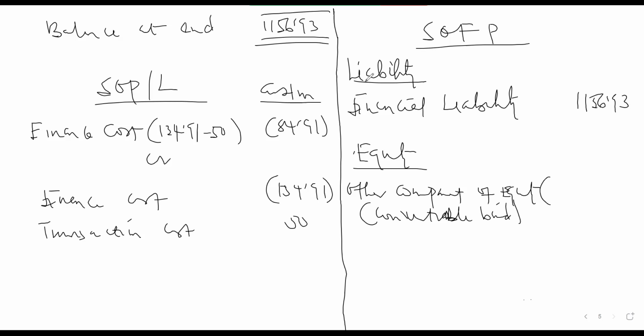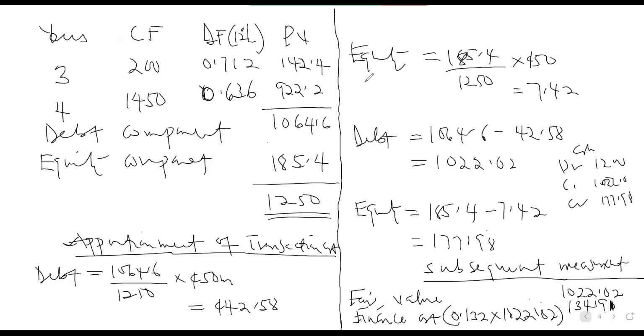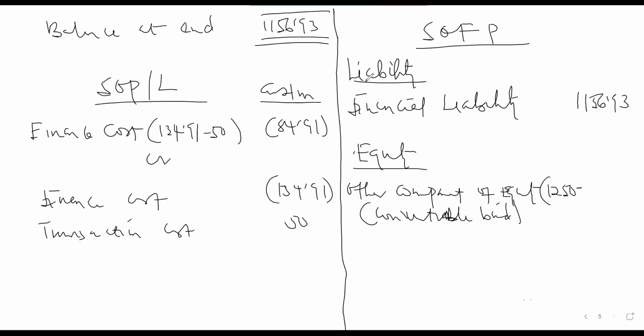But it has been shown as 1250. Then the question is, what should have been the actual amount? The actual amount for equity should have been 177.98.